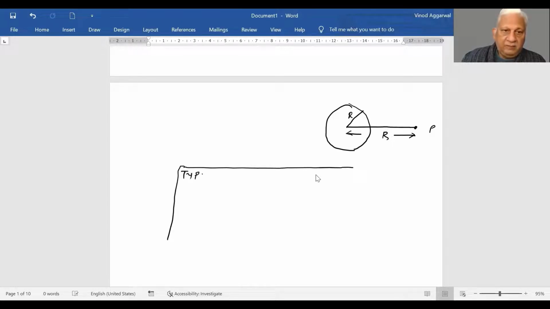We take type, position of r, value of potential and value of E. E is the field, gravitational field.